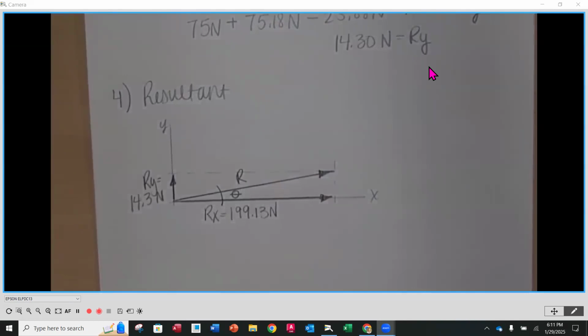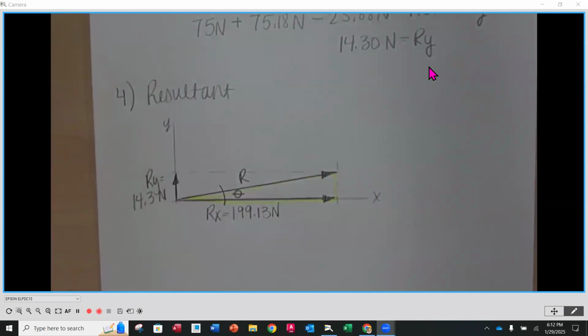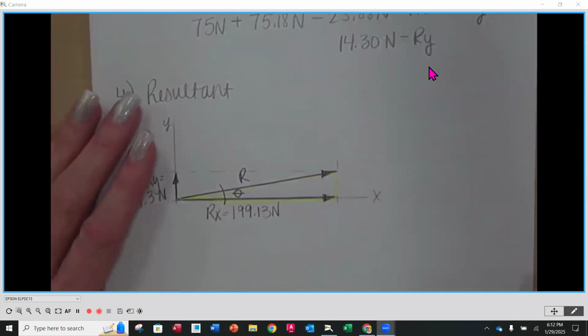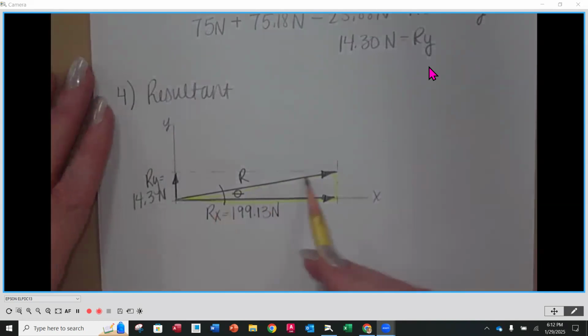So starting with magnitude, any ideas how we could find out how long our resultant is? What is the magnitude? Pythagorean theorem, absolutely. So the R is our hypotenuse. And just like we did before, we've got that right triangle. This time we know the components, so we know the legs of the triangle. Normally in that standard form, it would be c squared is equal to a squared plus b squared, right? So we know the a and the b, we know the legs, and we want to find the c.